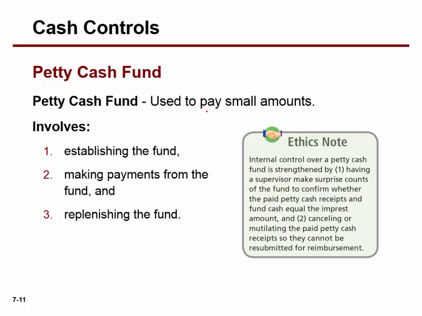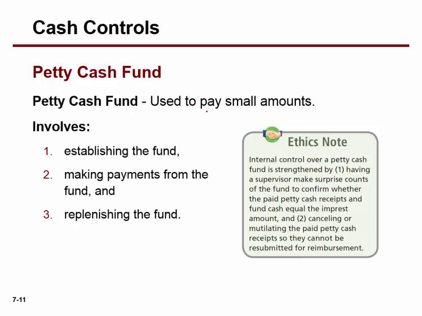We'll go into the petty cash fund and pay for those stamps, and we, of course, will need to include the receipt for the stamps in that box. At the end of each period, typically monthly, we'll compare the receipts that are in there for the amount of stuff that's been purchased versus the amount of cash that is still sitting in the petty cash fund. And that should balance at the end of the month.